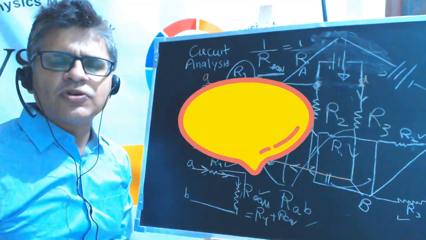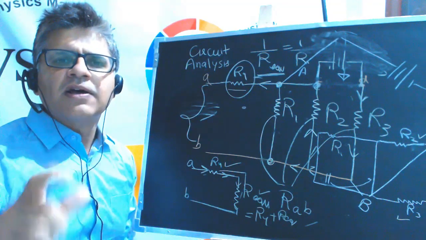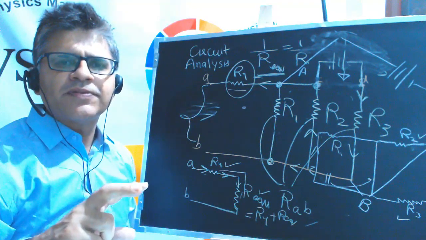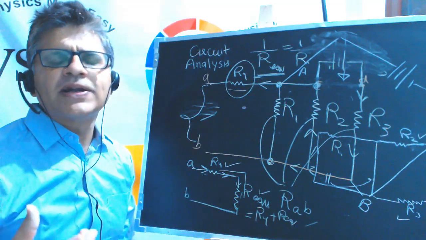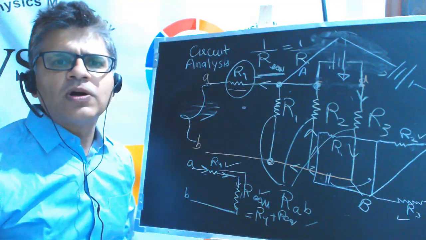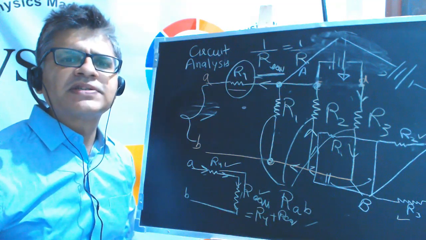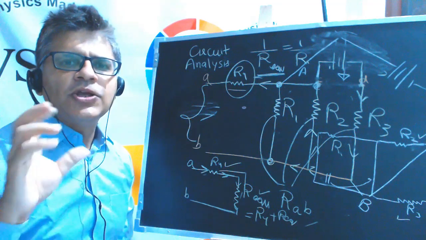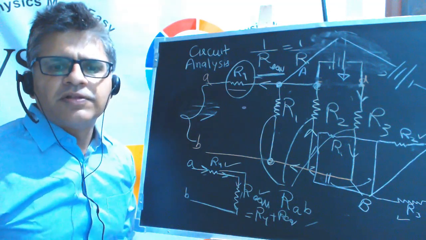So I hope this helps you and makes you understand that although you calculate equivalent resistance, the equivalent resistance in the same circuit changes if you pick up 2 different points. And we will extrapolate this logic into solving more difficult types of questions on equivalent resistances. But this whole concept should be clear that within the same circuit, you can pick up any 2 points, and the resistance will change. Thank you very much.